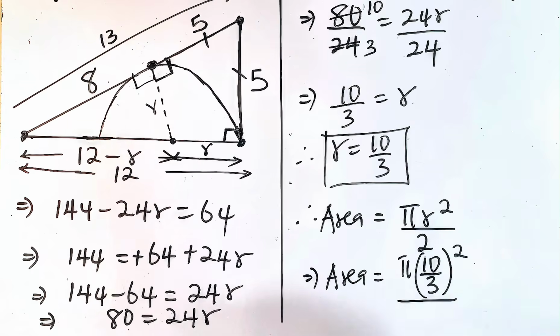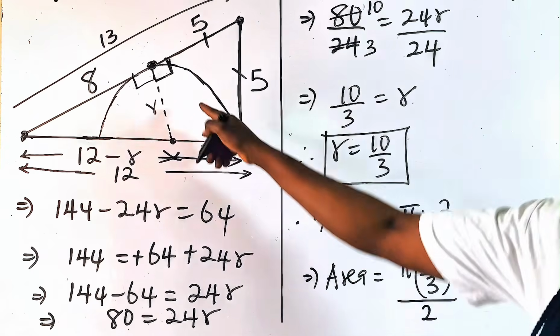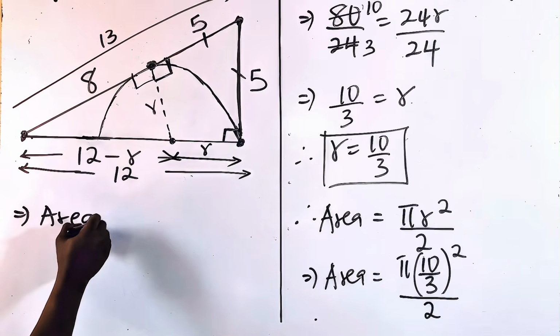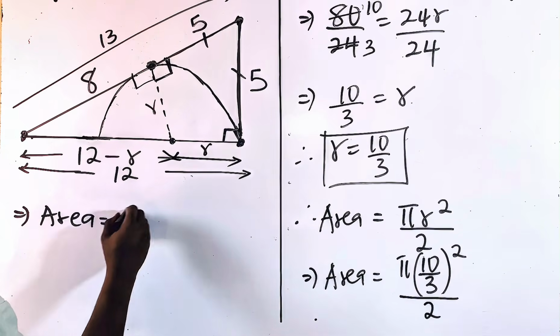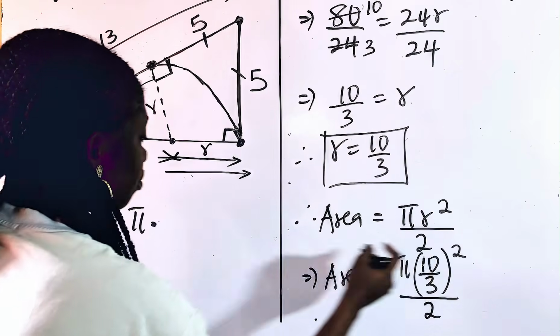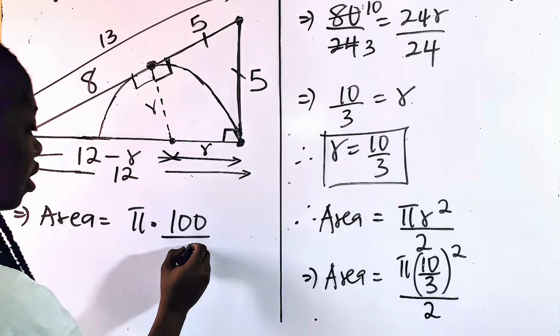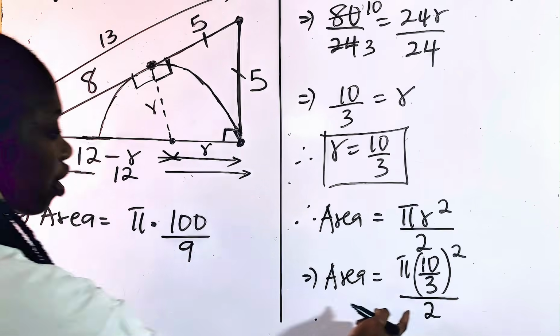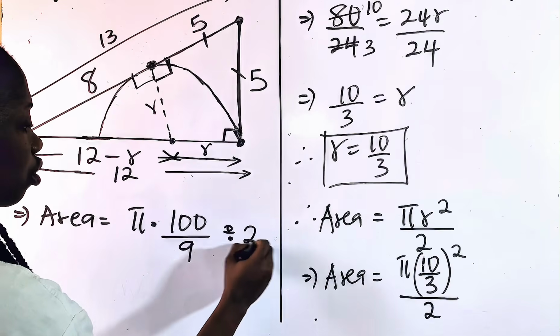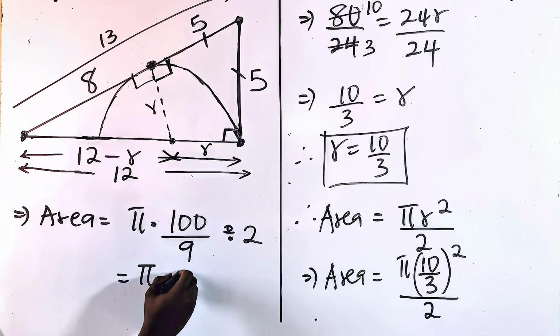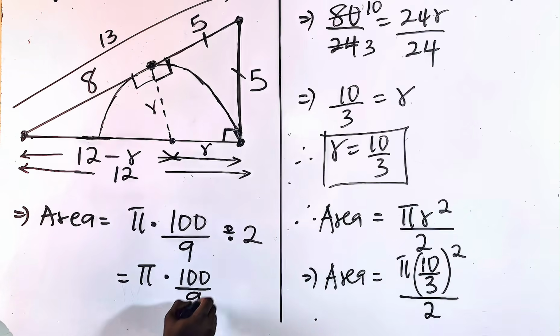We divide this by 2 to find the area of the semicircle. Area is equal to pi. To square this means you have 100, square this you have 9, and this is divided by 2. So it's going to give us pi multiplied by 100 divided by 9.